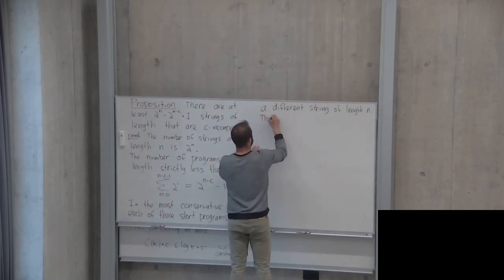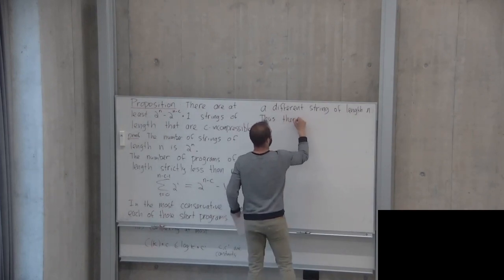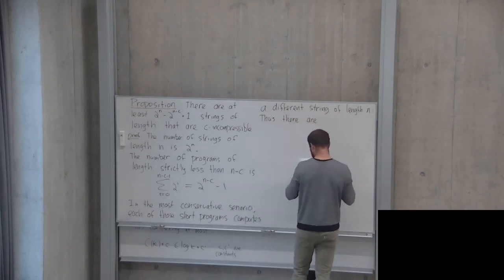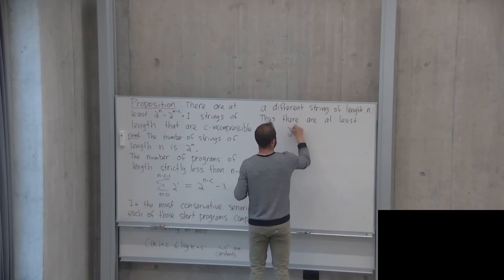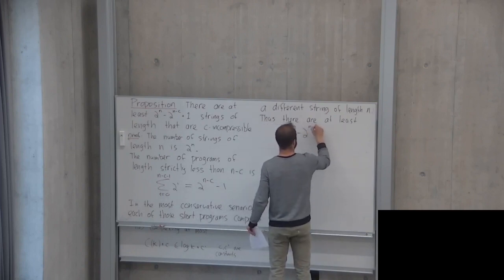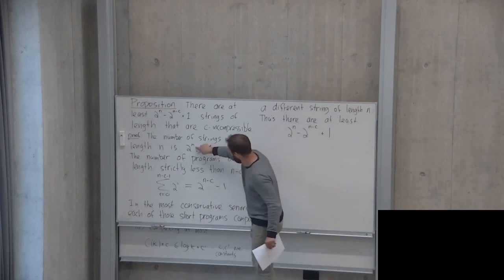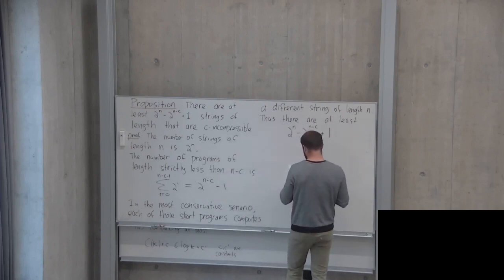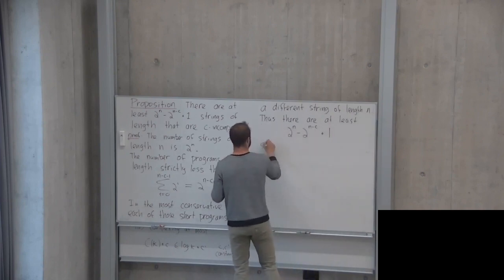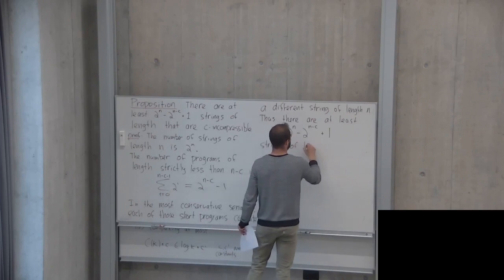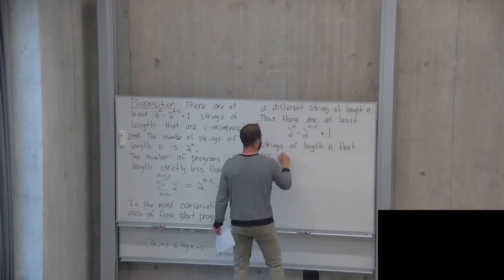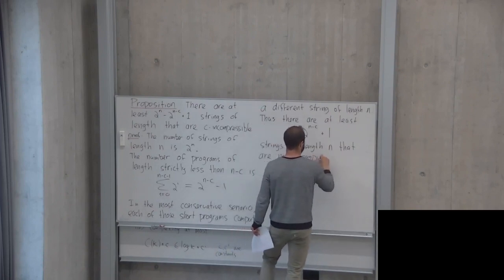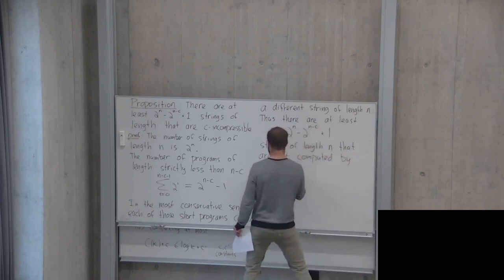Thus, there are at least 2 to the n minus 2 to the n minus c plus 1, this number minus this number, strings of length n that are not computed by a short program.